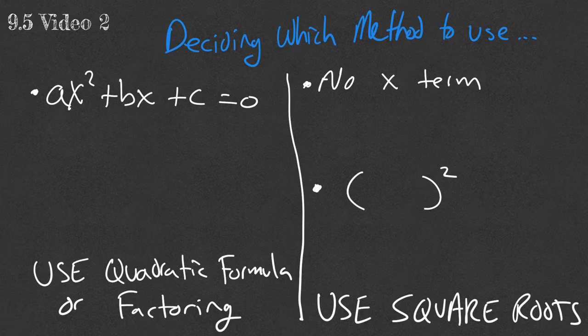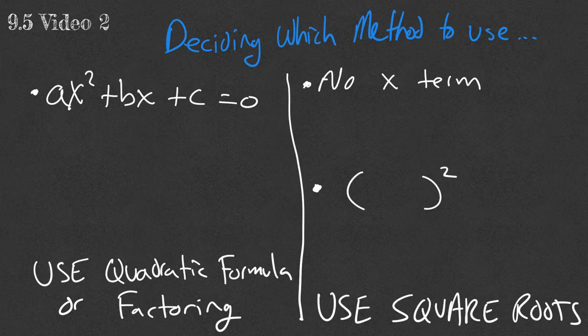Well, one of the key ideas is we're going to look to see if there is an x term or not. Meaning like we've seen this standard form, ax squared plus bx plus c equals 0. If that bx term is missing, there's just x squared and a constant, that means there's no x term.